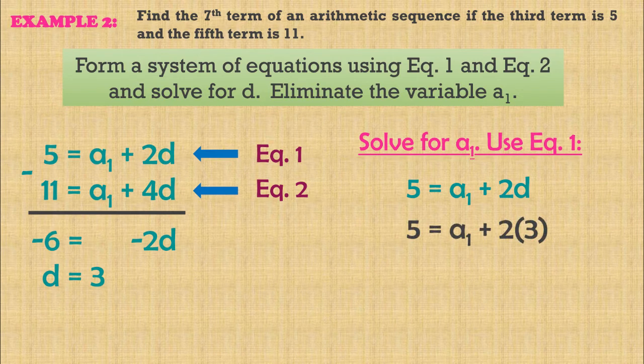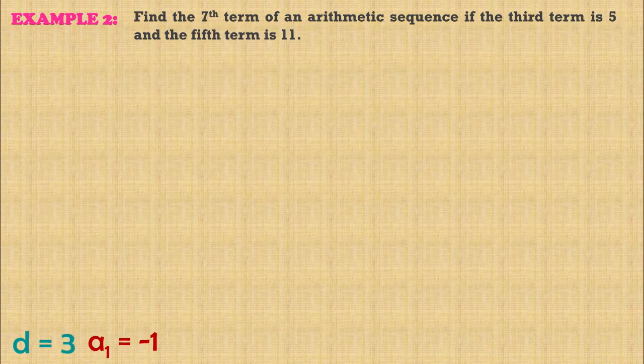We have 5 equals a sub 1 plus 2 times 3, since we were able to solve for the value of d, which is 3. Therefore, 5 is equal to a sub 1 plus 6. Transposing this 6 to the other side, to the left side of the equation, we will get a sub 1 equals negative 1.